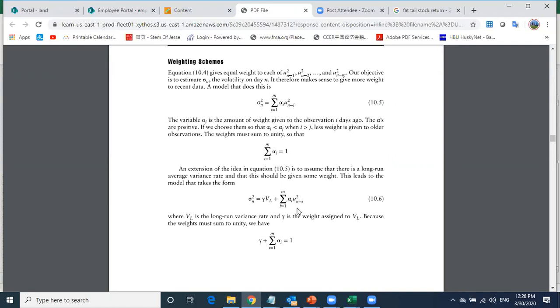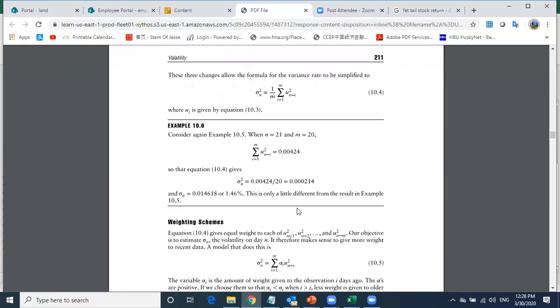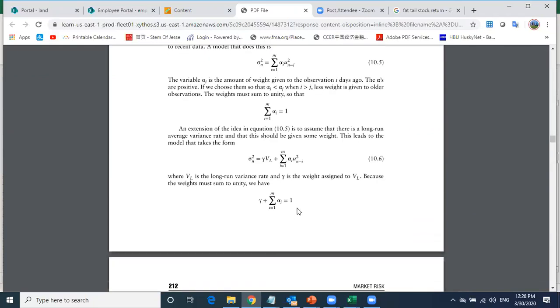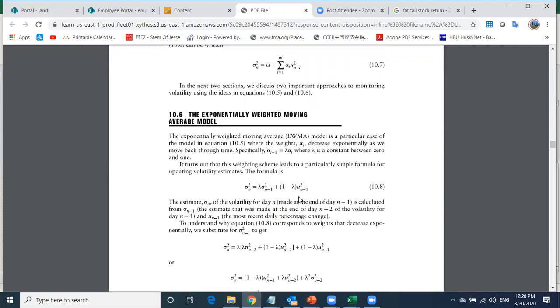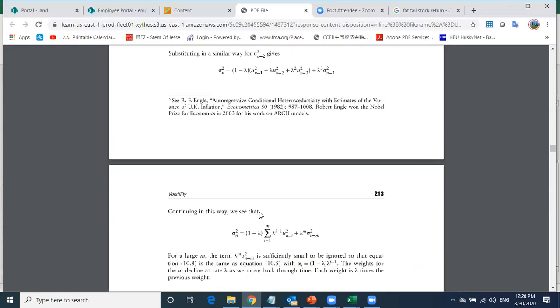Okay. Next, we talk about the GARCH and exponentially weighted moving average, EWMA, models. I think the students have already checked your assignment, which is to estimate the parameters for the exponentially weighted moving average and also the GARCH(1,1) model.